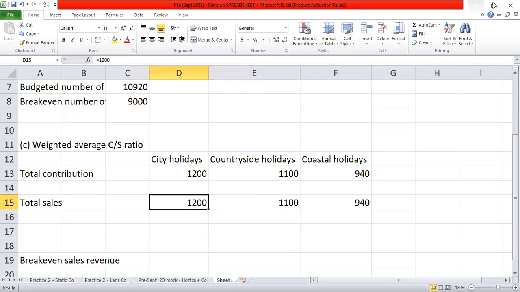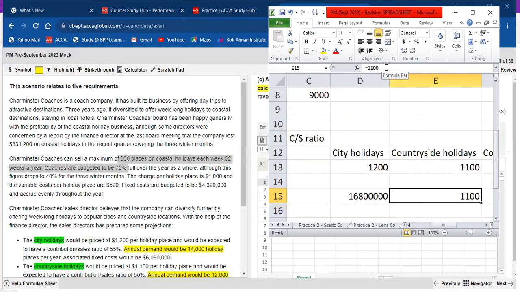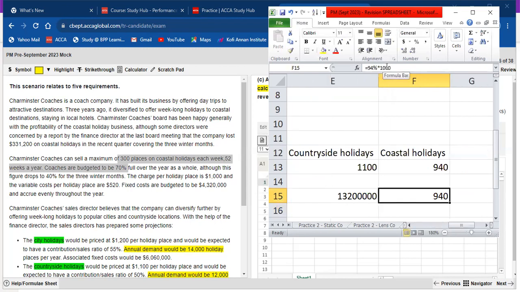So the number of holiday places is 14,000, here it is 12,000, and here it will reduce by 5%, which is those 300 per week times 52 weeks times 70%, whatever that gave us. Now that number will go down by 5%, so times 95%.